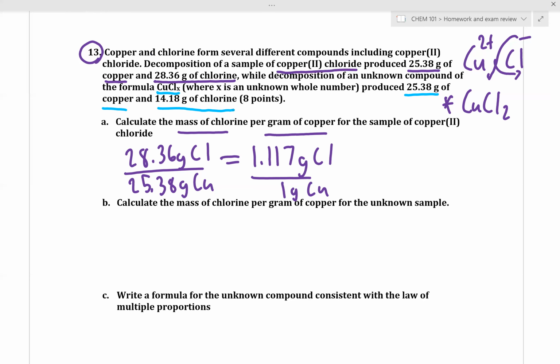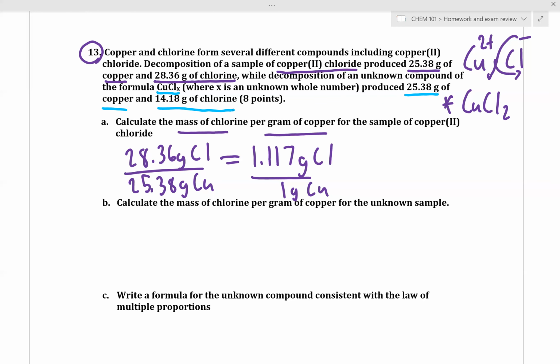Why did I say I didn't need to tell you there was one copper atom in this case? What's our dead giveaway that we have the same number of copper atoms? The formula, yes, but even if I got rid of the formula, is there a dead giveaway? The same mass of copper produced. Same mass of an element, same number of atoms incorporated into the product or as part of its composition.